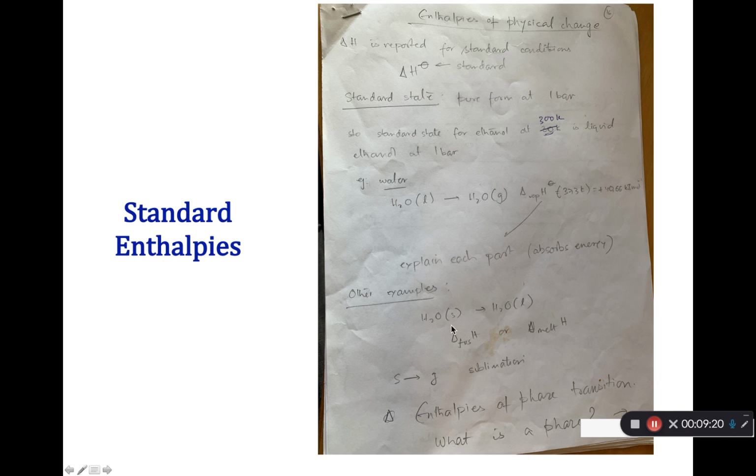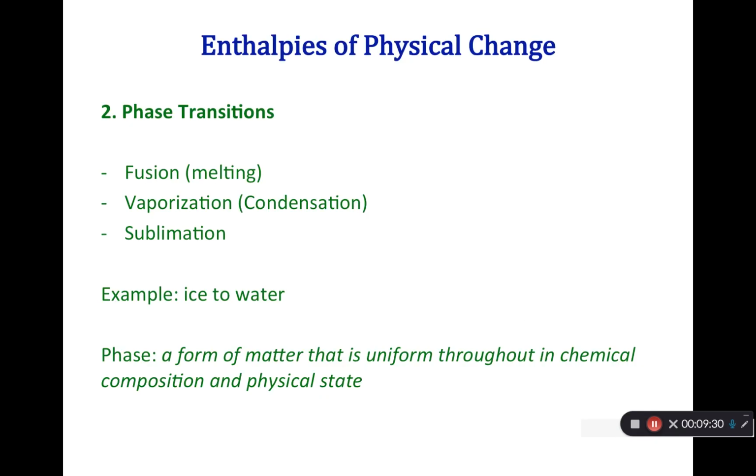So this transition here is from the solid phase to the liquid phase when ice is melting. Let us try to define what a phase is. At the bottom of the slide, you can find the definition of a phase, and this you should remember word by word.